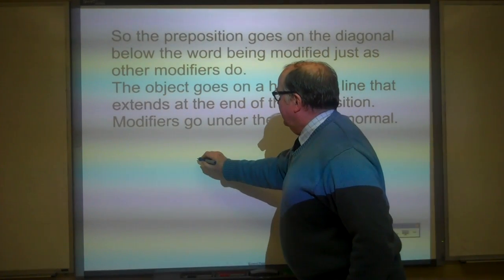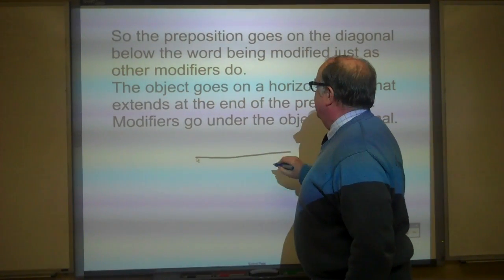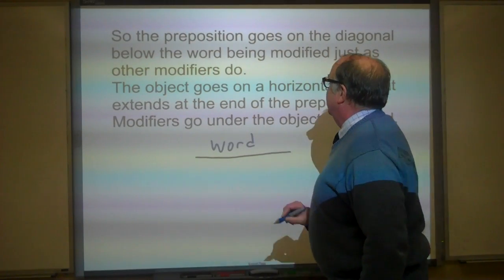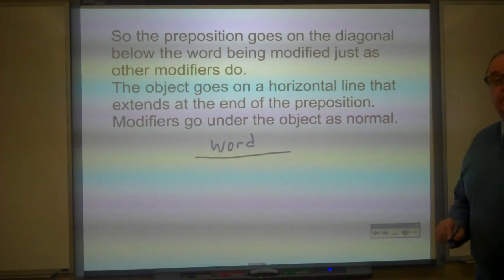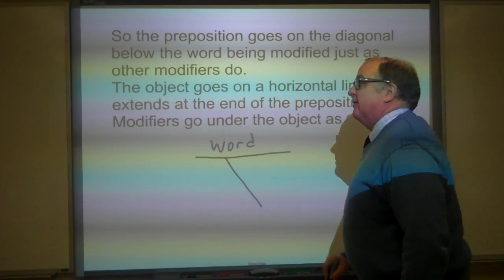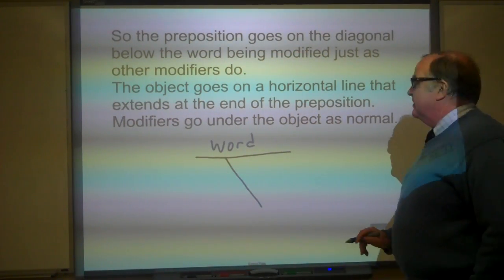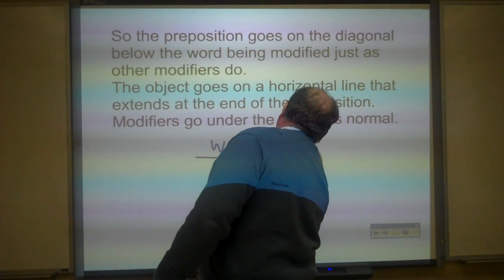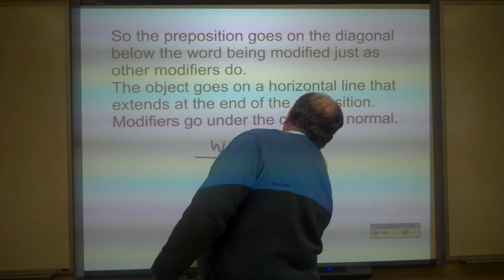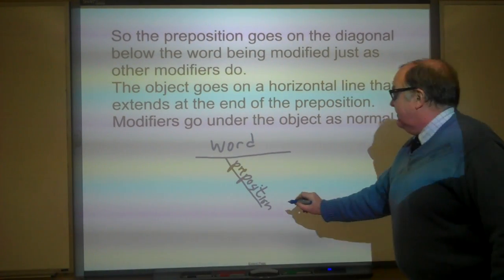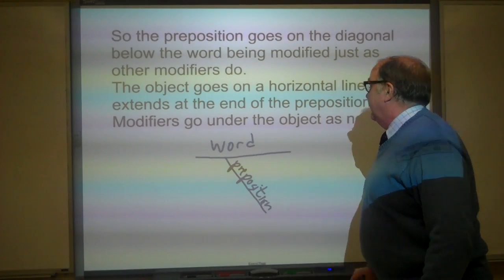So, let's say we had a word being modified by a prepositional phrase. Modifiers go on diagonals under the word they modify. So the preposition goes on a diagonal like that.